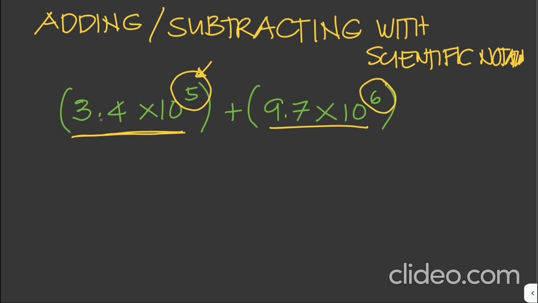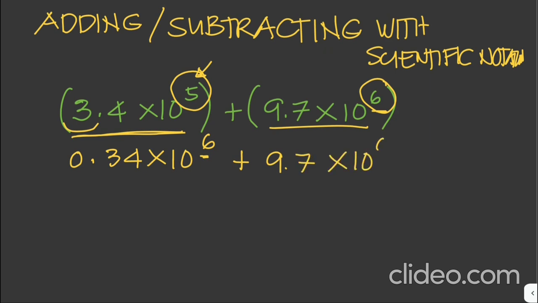So moving the decimal point 1 place to the left, this would give us 0.34 times 10 to the 6. And now the two numbers have the same exponents, then we can add them up. So 0.34 times 10 to the 6 plus 9.7 times 10 to the 6.